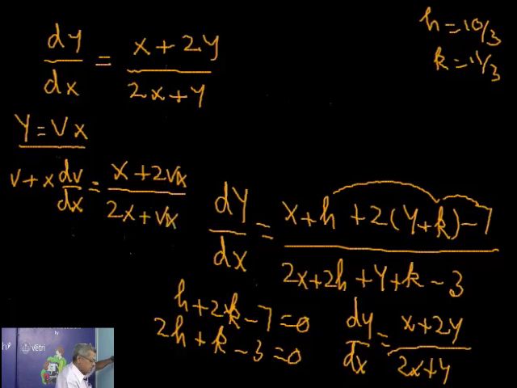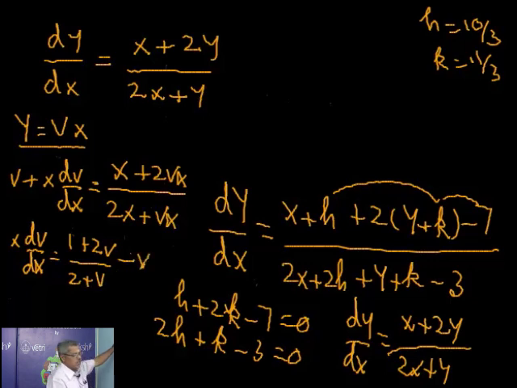Therefore, X dv/dX equals, X gets cancelled, giving us (1 + 2v)/(2 + v). I am bringing this v that side, you get minus v.